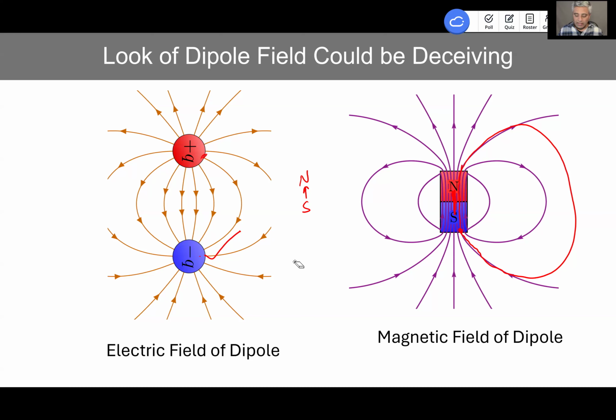For example, how do I find the direction of the electric field? From field lines, we draw a tangent line. We can do the same thing for the magnetic field.